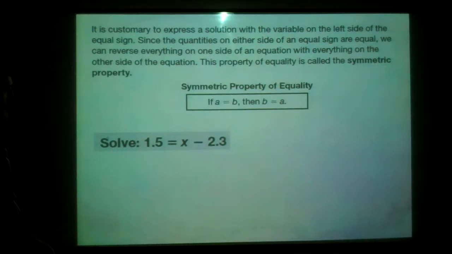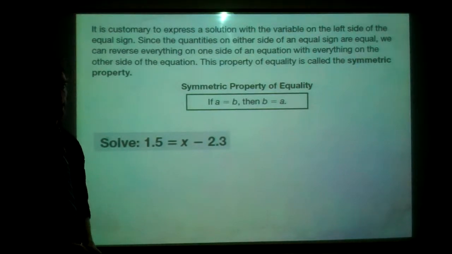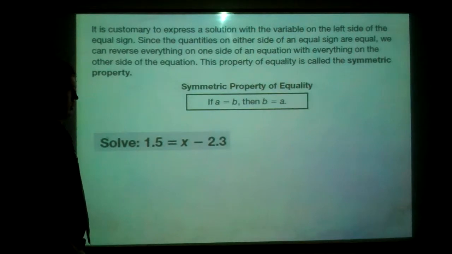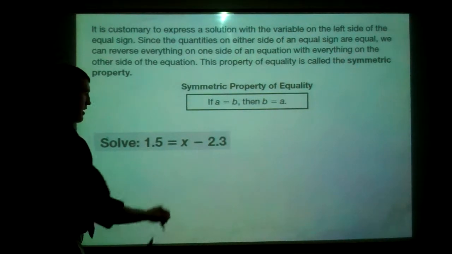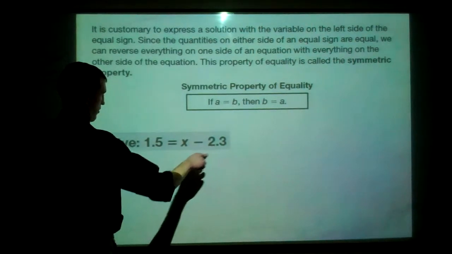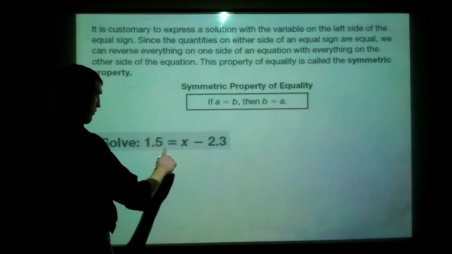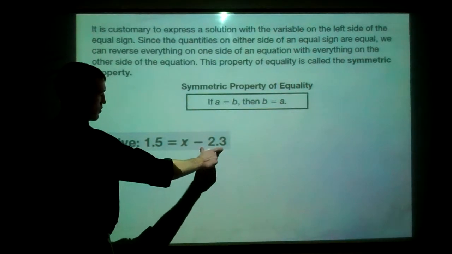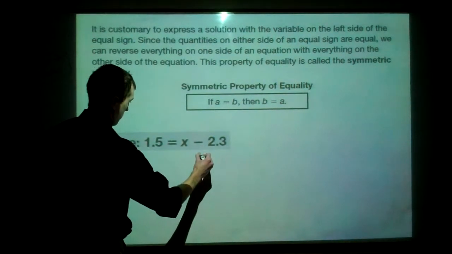Okay. Now I won't be a huge stickler on that. If you put the letter on the right side, that's okay. I just want to make sure that we can get that solved anyway. But it is customary to have the letter on the left side. So let's do this quick. This says 1.5 plus 2.3 equals x minus 2.3. What's happening to our variable? We're subtracting 2.3 from it. So we're going to do the inverse.